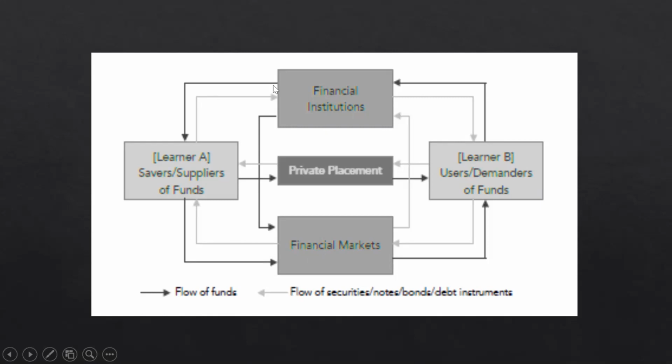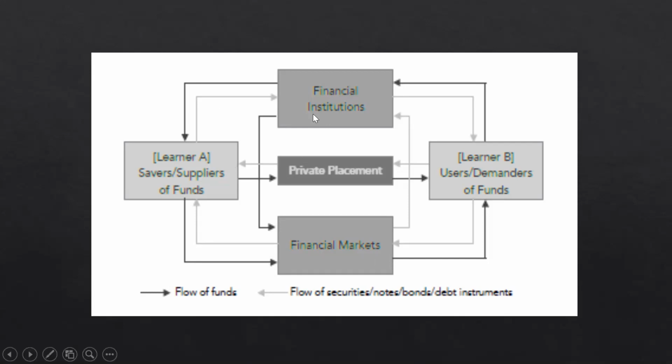If you talk of how funds flow in an enterprise, it starts with financial institutions. Then it goes to savers, suppliers of funds. These suppliers bring it to financial markets, and then it is provided to users or demanders of funds. These demanders of funds will in turn give it to financial institutions.